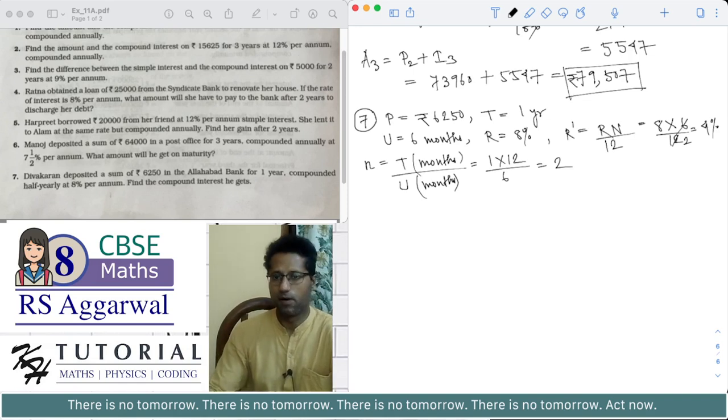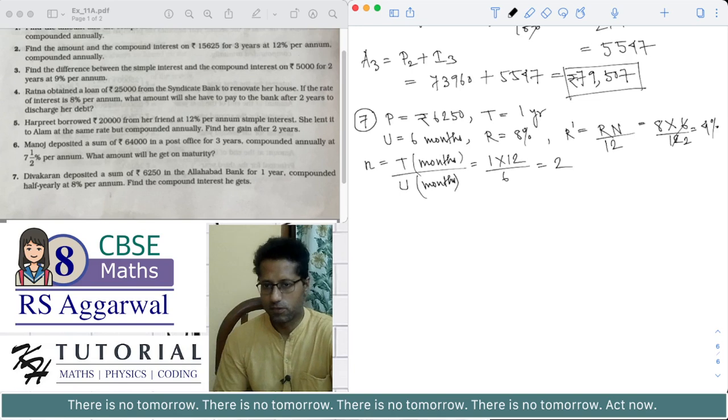A2 will be the final amount based on the compound interest and the original principal of 6250, and the compound interest CI will be A2 minus P. Okay, so let's calculate the interest and the amount at the end of first unit of time, which is 6 months. So I1 will be PR dash by 100.